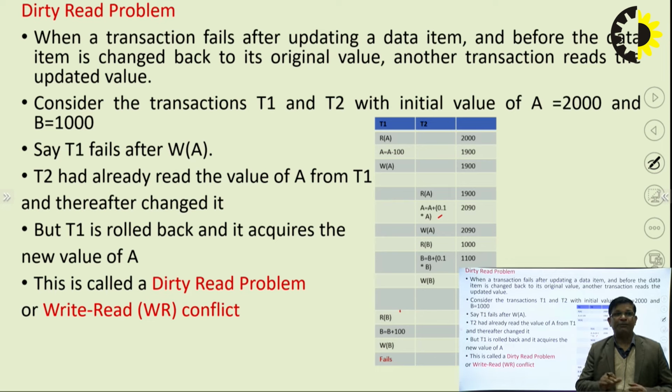The other transaction read a value that should not have been read. It reads a false value just because the other transaction changed it and rolled back. Changed but rolled back. So this is a dirty read problem.